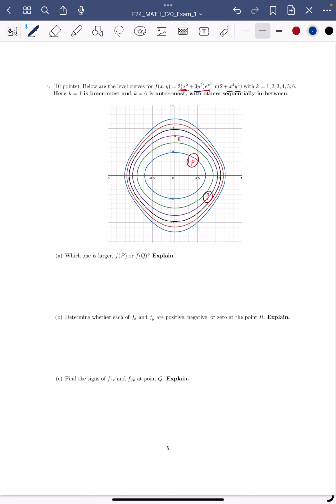So I think we already know the answer. f of p is less than f of q because f of x y is increasing with respect to both x and y.